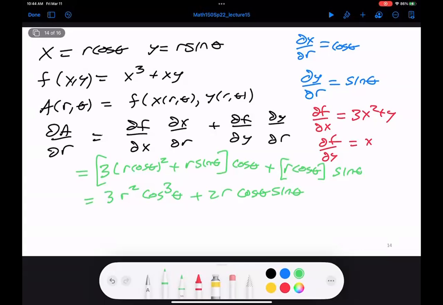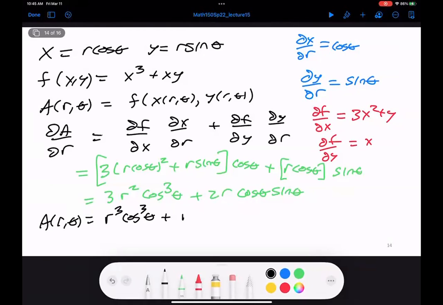Is there any way we could check our work? So A of r theta is f of x of r theta, y of r theta. F of xy is just x cubed plus xy. So A of r theta is just going to be, okay, I put in for x cubed, I'll just get r cubed cosine cubed theta.